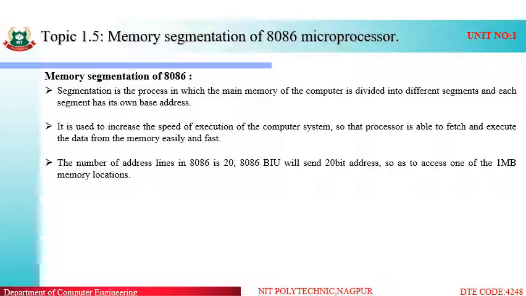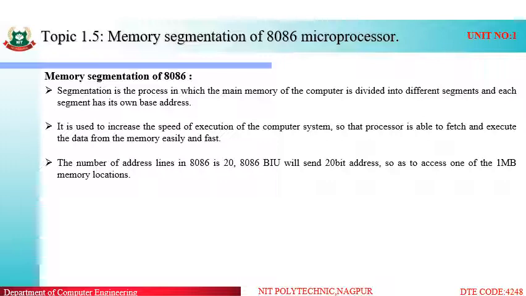Now how have these 1 megabyte memory locations come? The total number of address lines we have is 20. If we perform 2 to the power of 20, that is 2 to the power of the number of address lines, it comes out to be 1 megabyte. So 8086 will support 1 megabyte of memory.